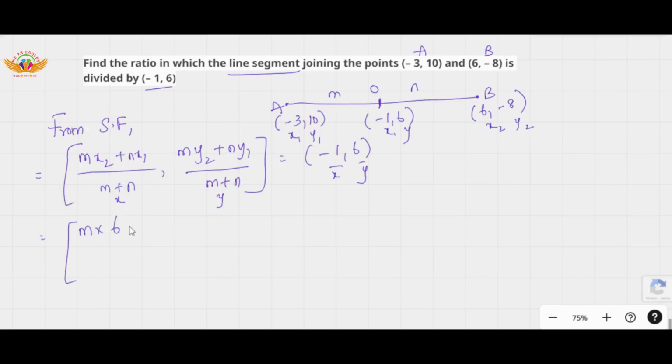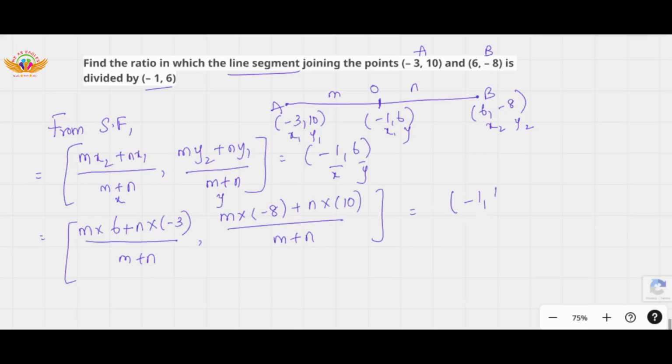m into 6 plus n into minus 3 divided by m plus n, comma, m into minus 8 plus n into 10 by m plus n is equal to minus 1 comma 6. Done.